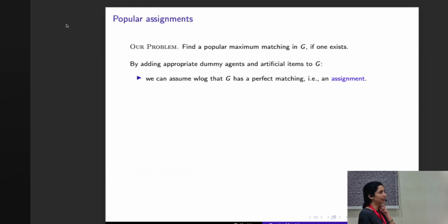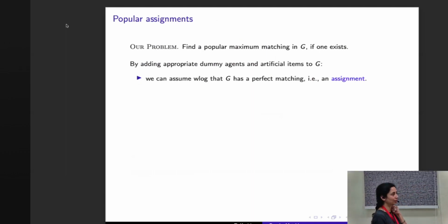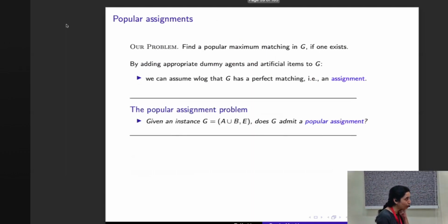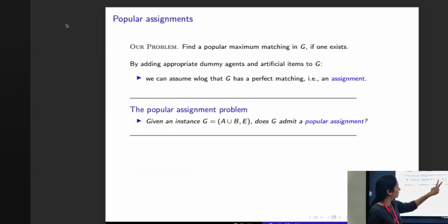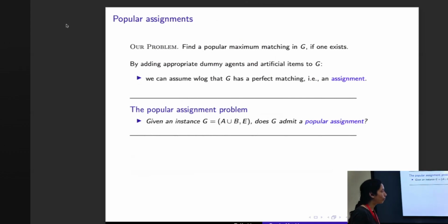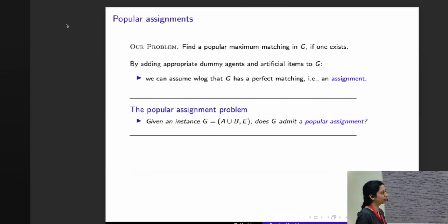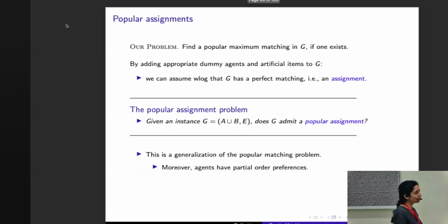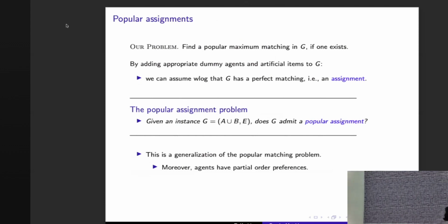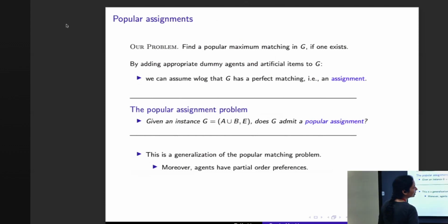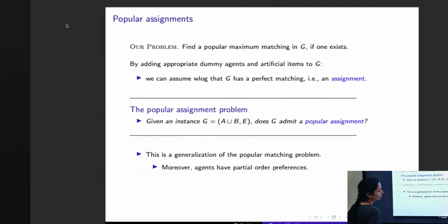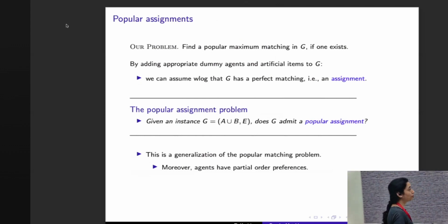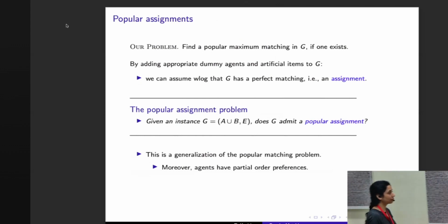The popular assignment problem is, given an instance with one-sided preferences, does it admit a popular perfect matching, a popular assignment? Again, it's easy to justify that this is a generalization of the popular matching problem. And as I said, agents have something more general than just ties in preferences, they have partial order preferences.